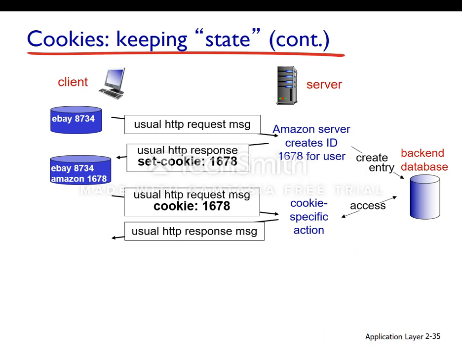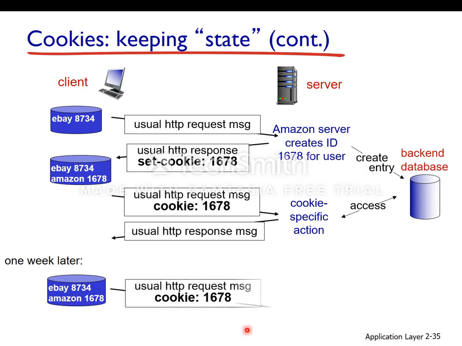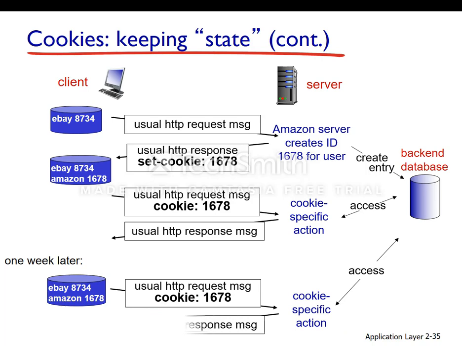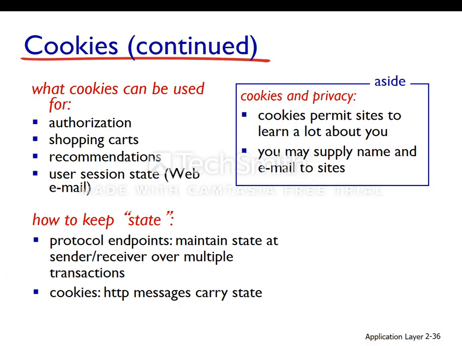If you come back a week later, that cookie is still there, and you can still send a request with cookie 1678, and you get some more cookie-specific information. I should point out that cookies do have an expiration date, and so they typically will not last forever.